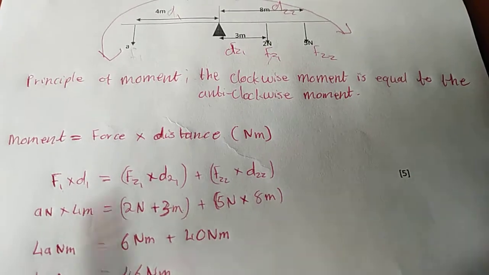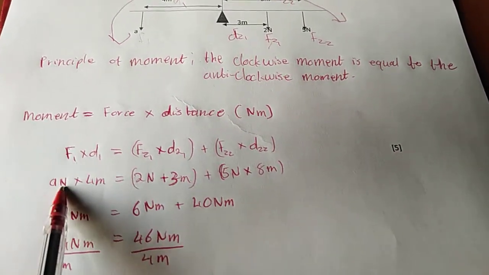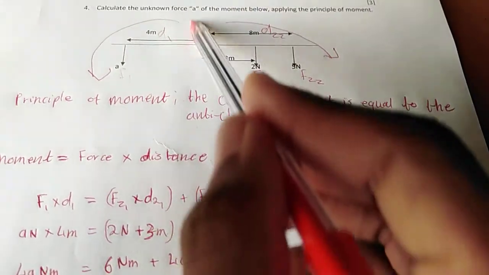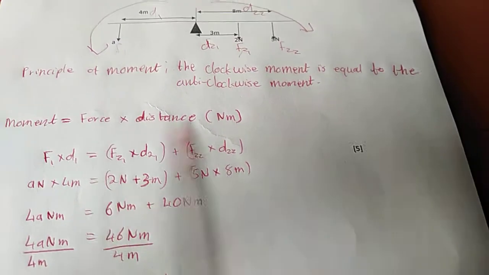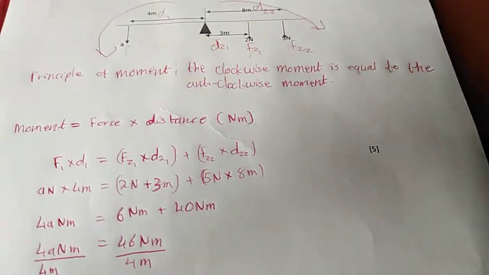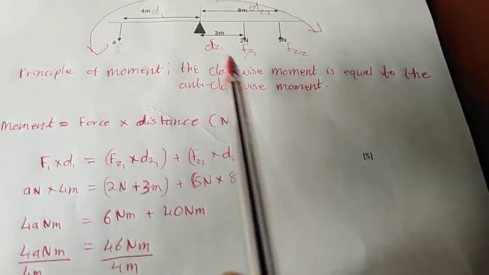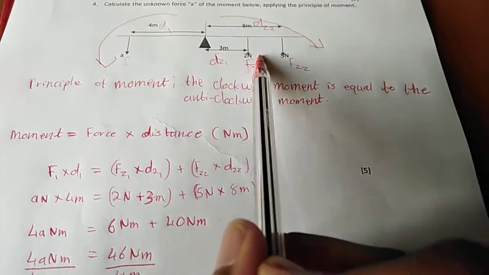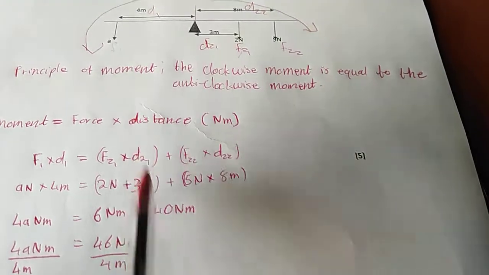So what we did here, we said this A Newton times the 4 meters, which is from the anti-clockwise side, equals, because they are in equilibrium so they have to be equal to each other, the 2 Newton times its distance from the pivot, which is 3 meters, plus the 5 Newton times 8 meters.